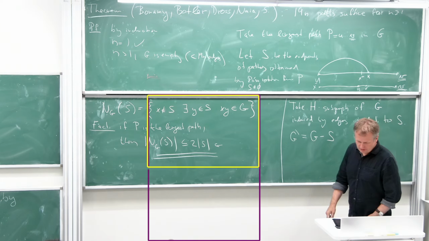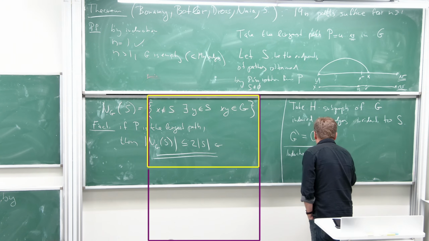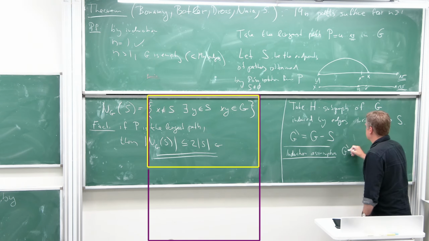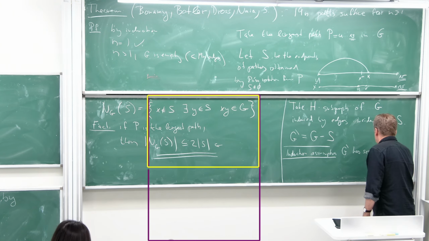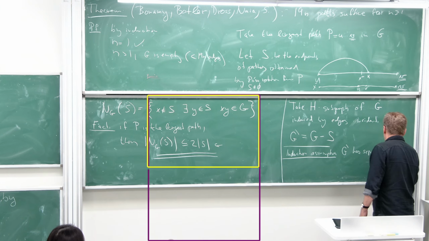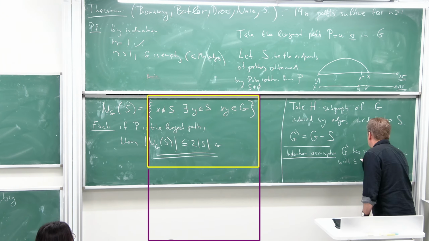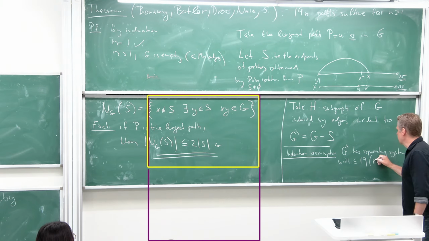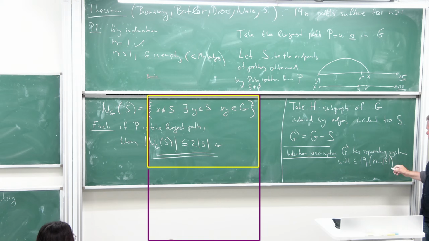By induction assumption, if you look at G prime, it has a separating system with at most 19 times the number of vertices of G prime, but that's M minus the size of S, so with this many paths.